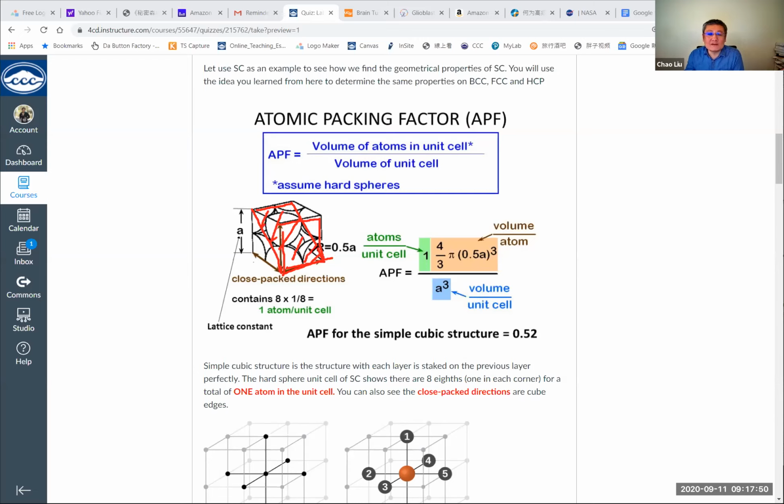So you have to figure out what is the area of this plane and how many atoms project on this plane. And then you can find the density of the area that was occupied by those atoms.